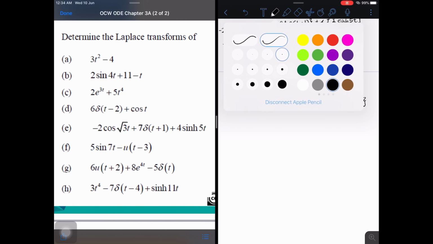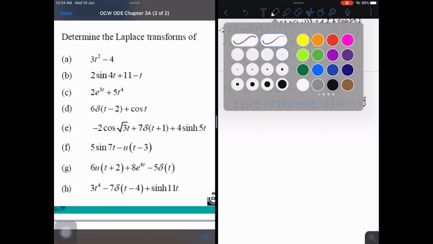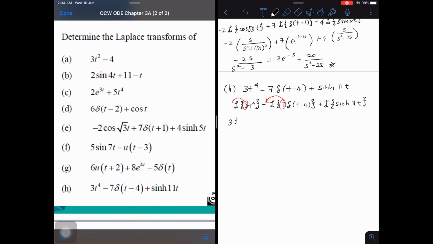Okay guys, so now we can bring out the constant 3 here, the constant 7 here, and there's no constant there. So what you will have is 3 times the Laplace transformation of t to the power of 4 minus 7 times the Laplace transformation of delta t minus 4, plus the Laplace transformation of sine hyperbolic 11t.